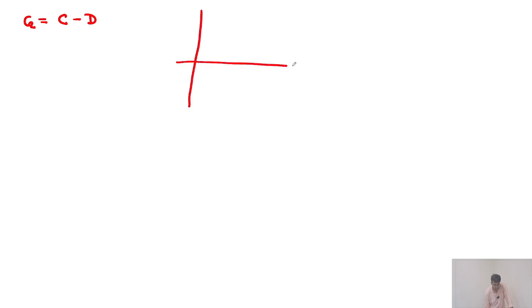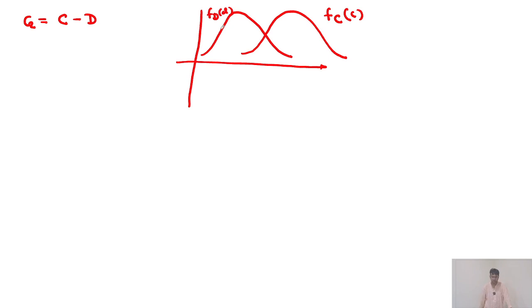From here, I said that if I have, let's say, this is my D, this is my C PDF, this is my f_C(c), this is my f_D(d), then the probability of failure I said was given by the area under the curve. Now remember, last time also I said it, but I did not make it very explicit.